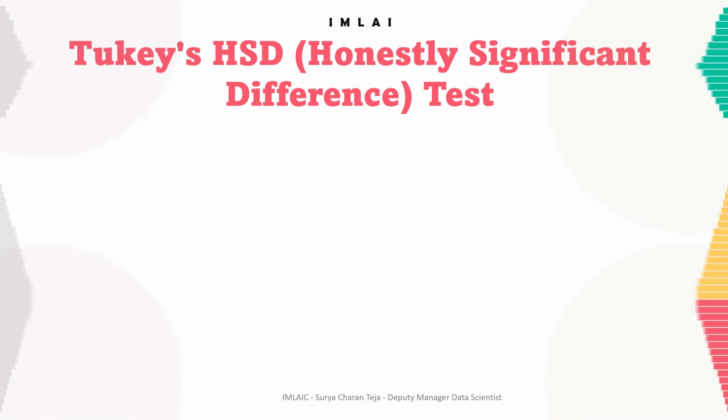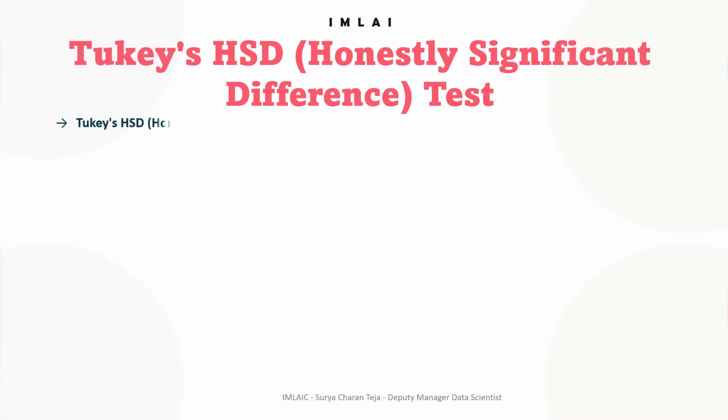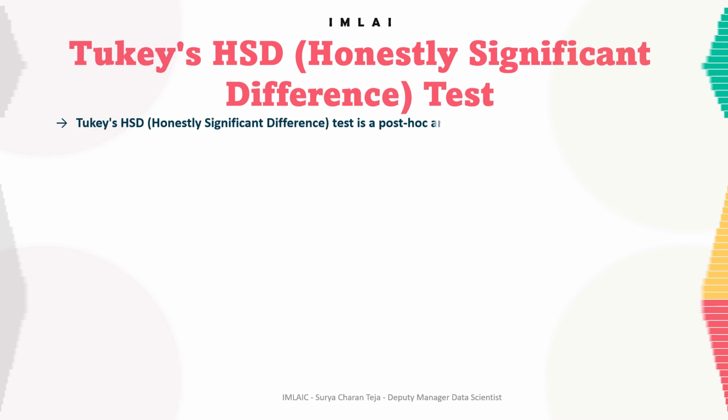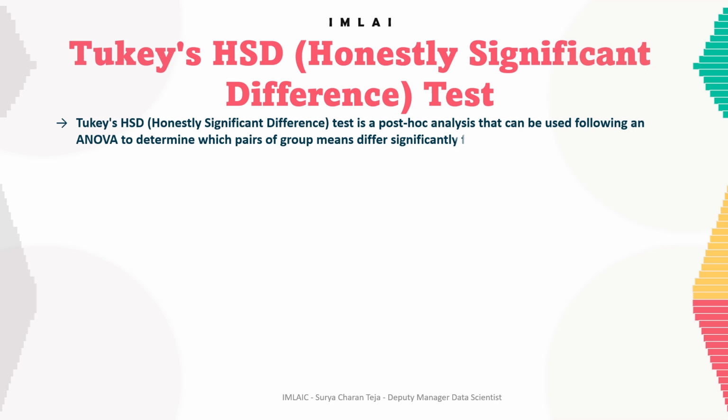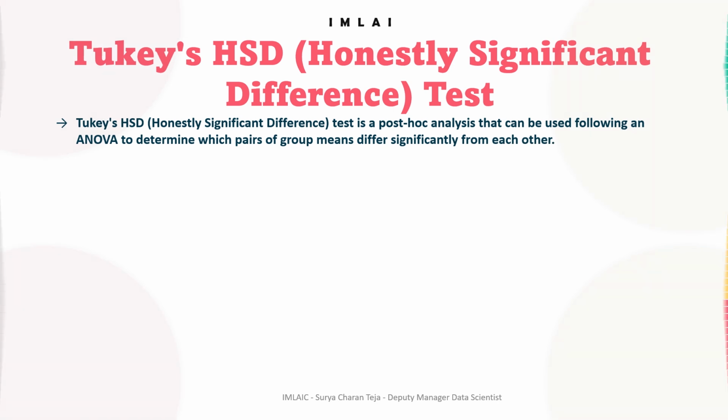This test takes into account the multiple comparisons problem by controlling for the family-wise error rate, which is the probability of making at least one type 1 error across all pairwise comparisons.